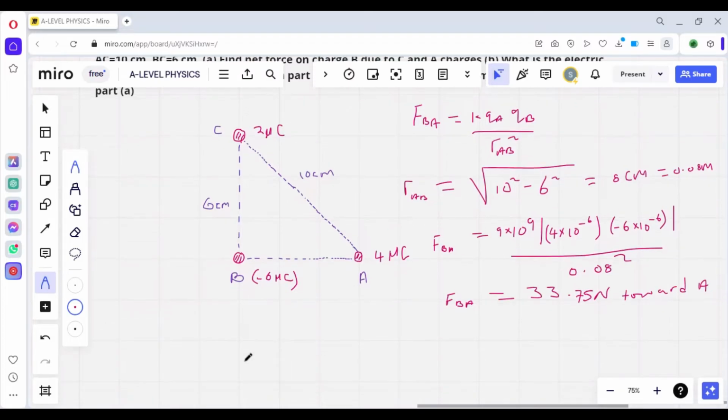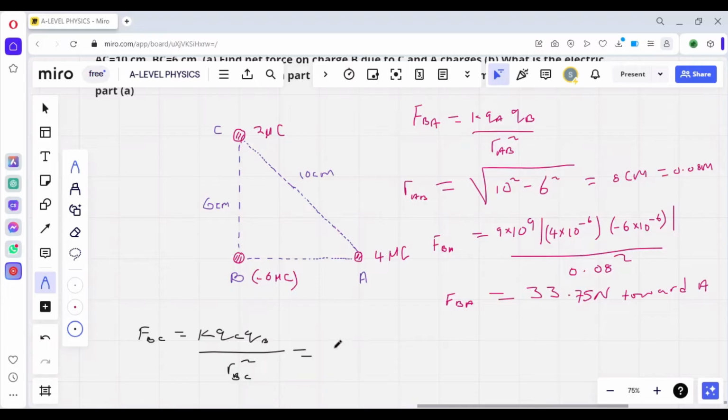Now let us compute the force on B due to charge C. This will give us K QC QB over the square distance RBC squared.